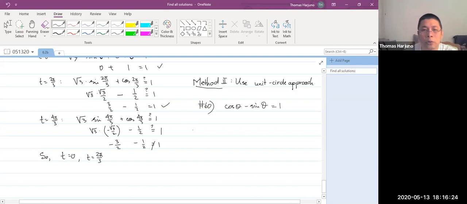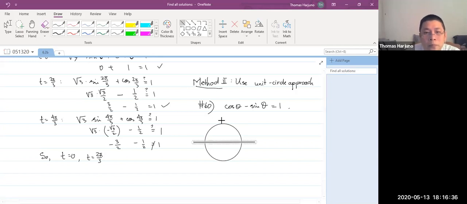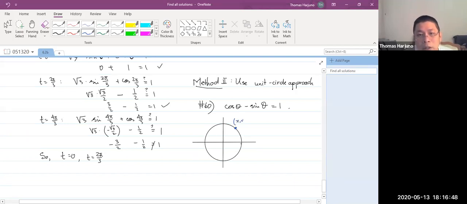Now, what is the unit circle approach? If you remember, we have learned that if you pick any point x comma y on the unit circle, then that coordinate x comma y must be equal to cosine theta, sine theta, where theta is the angle in standard position, which is basically the answer we want.